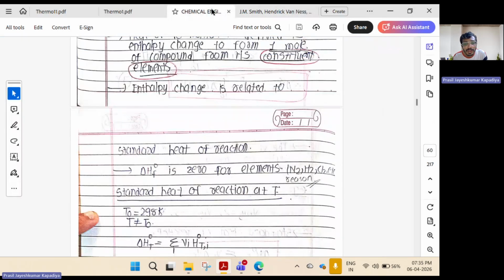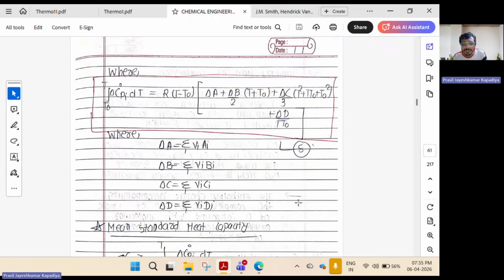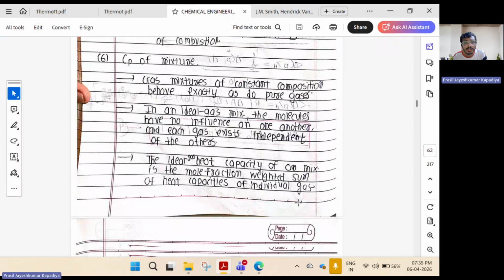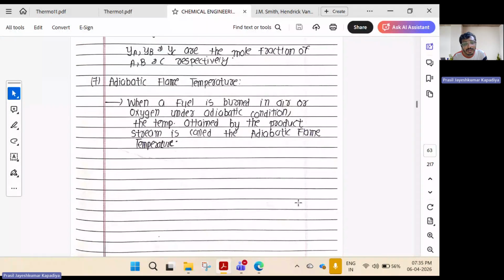Okay. There was one more thing. This we have looked at. This is the adiabatic flame temperature. The material of construction of the combustion chamber dictates the maximum temperature at which the combustion chamber can be operated.